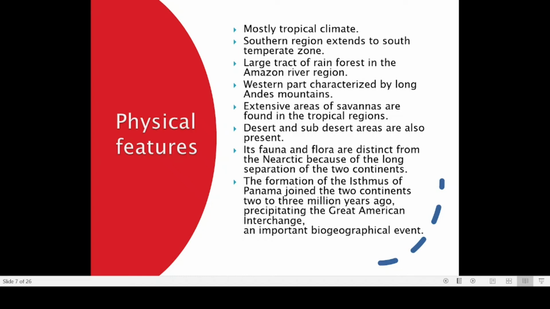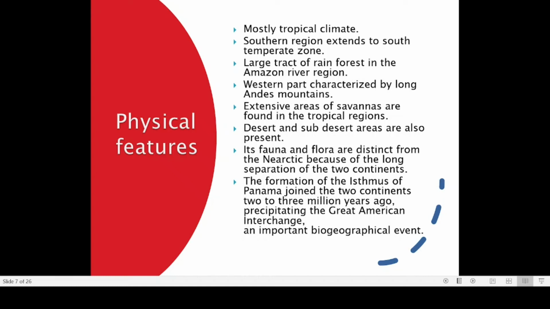We also use the term Great American Interchange because animals from South America were moving to North America, and many animals from North America were also moving to South America. From a biogeographical point of view, this was an important event in the history of the earth.